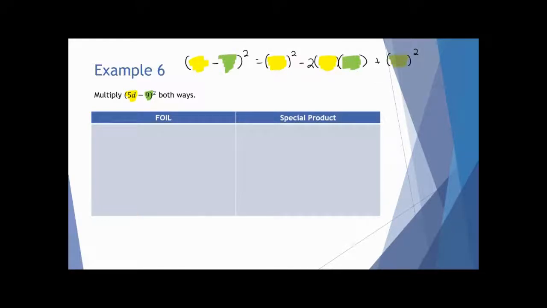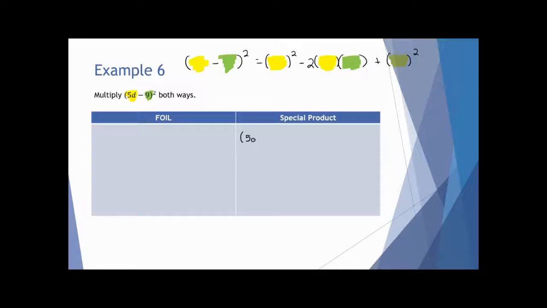So in this case, when they're squared, you have the first term squared minus 2 times both of those multiplied together, and then plus the last term squared. So when I put this in special product form, when I use the shortcut, my yellow is 5d.